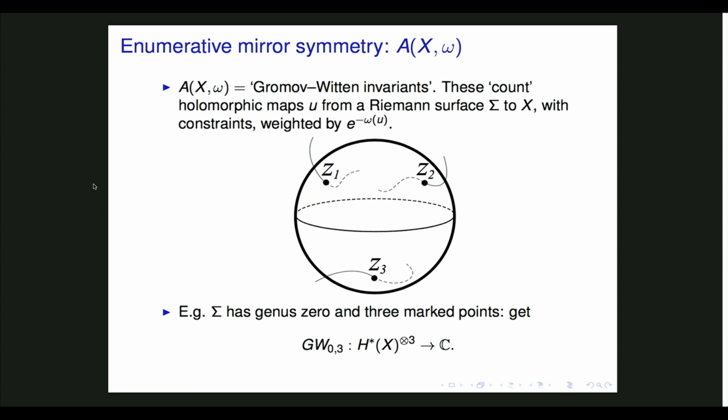So somehow, if you can imagine, this weighting means that curves of very, very large area count less towards our sum.